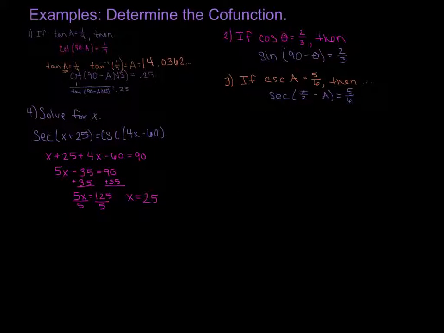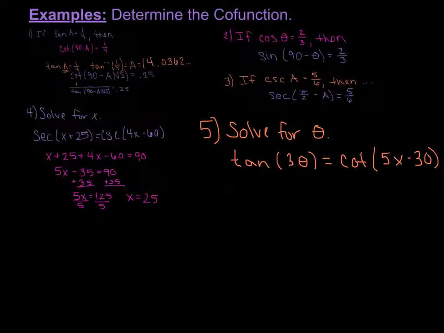Okay, we'll do one more, and then I want you to try a couple on your own. So if I want to solve for theta, I have the tangent of 3 theta equals the cotangent of 5 theta minus 30. So I know tangent and cotangent are cofunctions, meaning they're complementary.